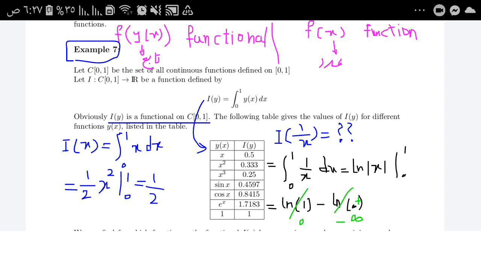The limit of ln when x goes to 0 is minus infinity. So minus times minus means positive infinity. Okay, the solution is positive infinity.